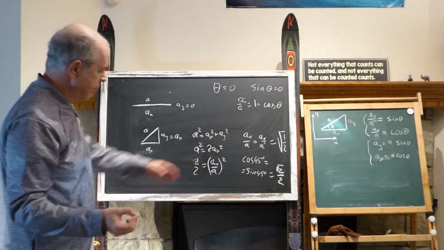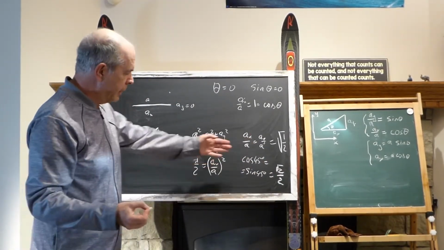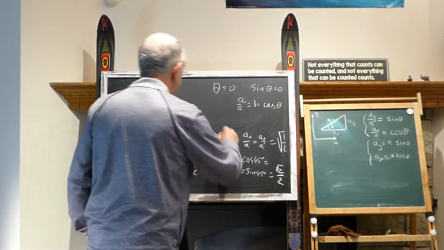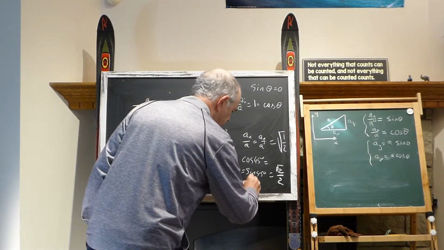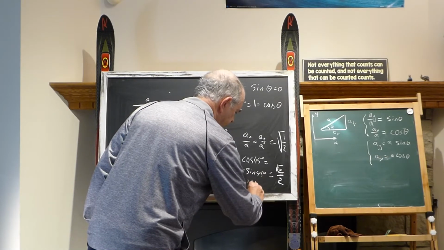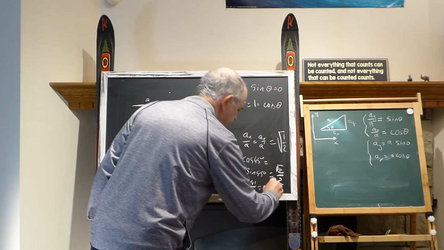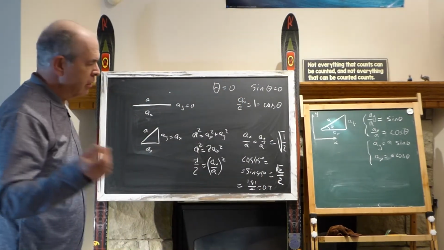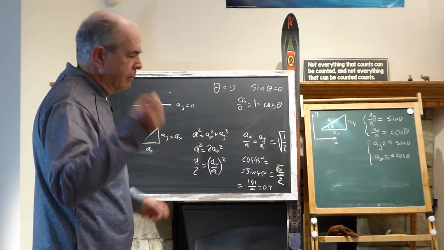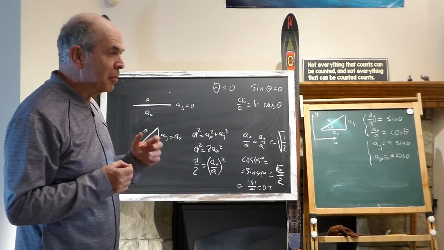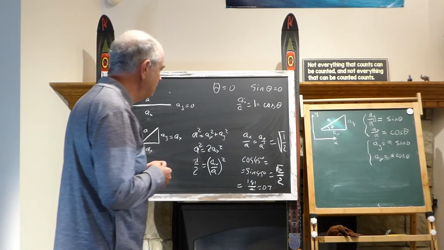You can of course go to your calculator and plug this number, but I know that square root of 2 is 1.41 divided over 2, so it's roughly 0.7. And I know it without a calculator, and many generations knew it before the invention of the calculator.